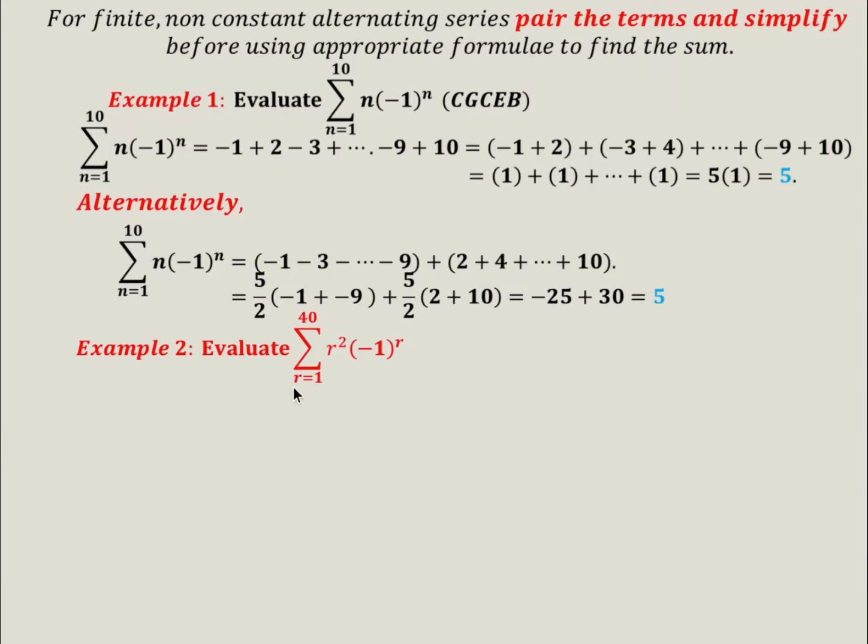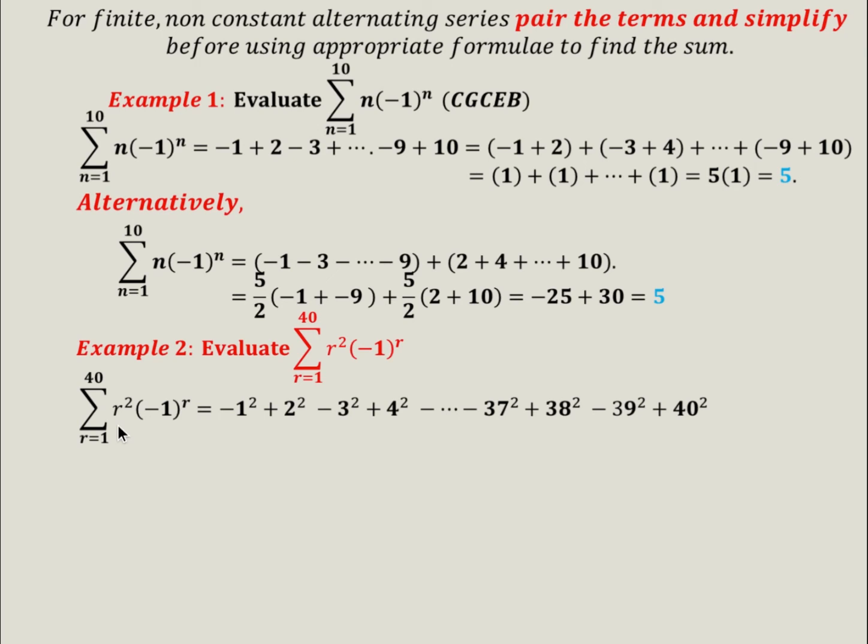Another example, evaluate summation from r equals 1 to 40 of r squared into -1 to the power r. So again, we write out the terms of the series, summation from r equals 1 to 40 of r squared into -1 to the power r. When r equals 1, we get the first term, which will be 1 squared into -1 to the power 1, which will simply be -1 squared.